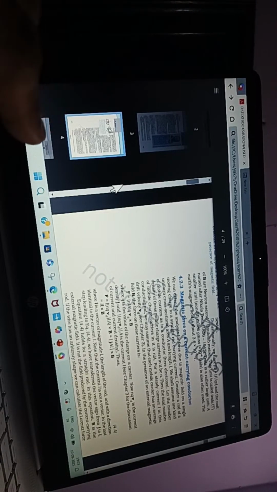How to skip this one? Sir, how to increase the size? Sir, press control on your keyboard and then zoom. Do you have a mouse or laptop, sir? Mouse also there. Laptop. Yes, sir.